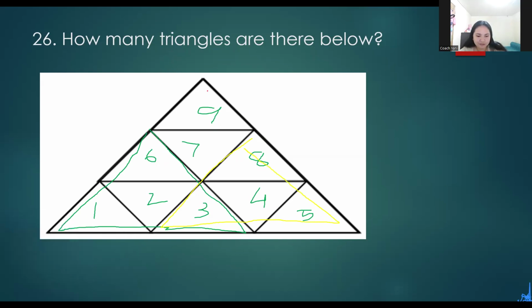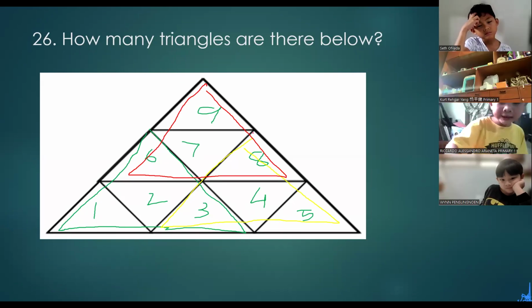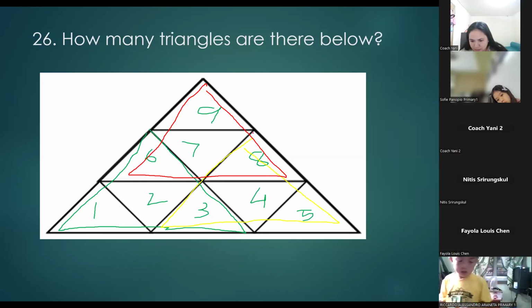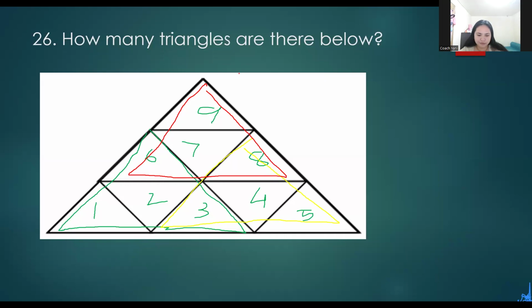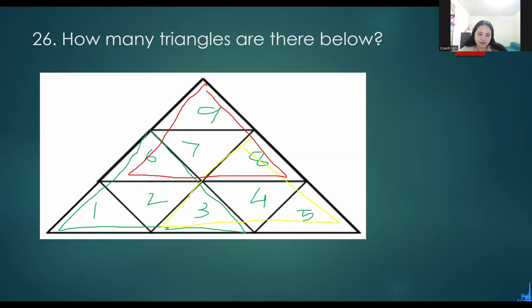And then you have 12. And then the big triangle itself. Okay. So how much is the total? 13. So you have 9 small squares and 3 big squares and then the very big square. So that would be 9 plus 3 plus 1, which is 13.